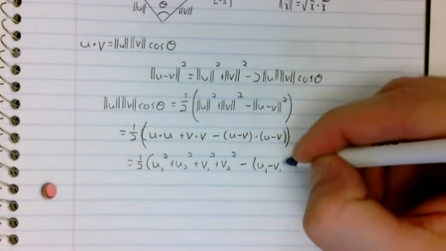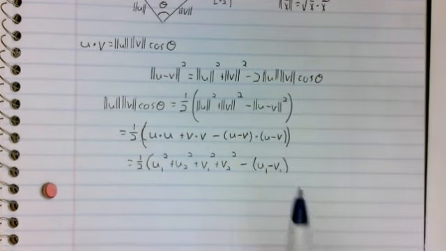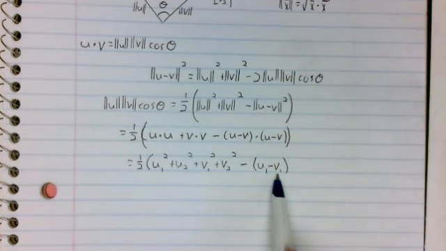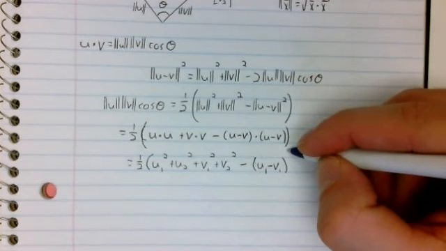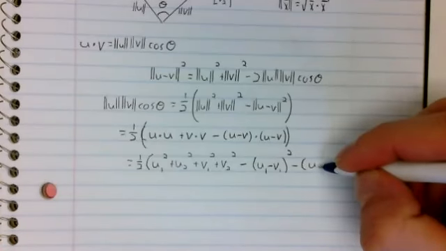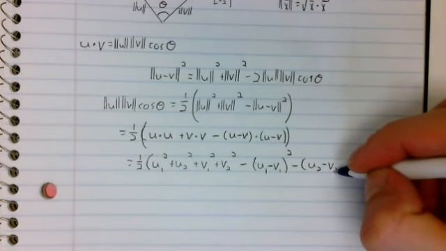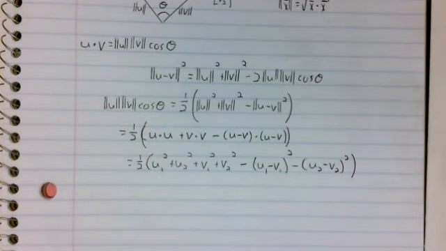That is to say, the first component of this subtraction is u1 minus v1, and it's being squared by the dot product, just like these other first components are. And the second component is u2 minus v2, and it's being squared just like all of the other second components are by this dot product.